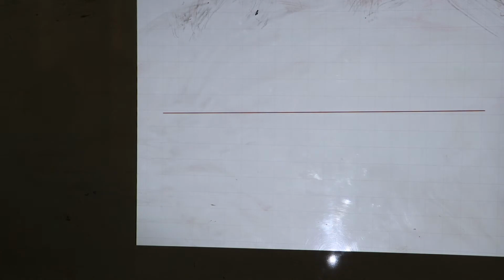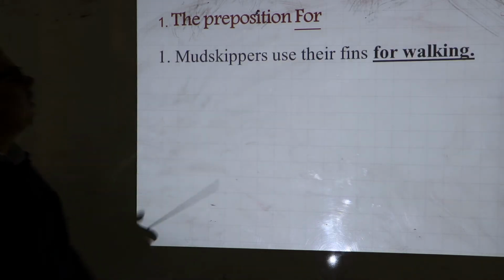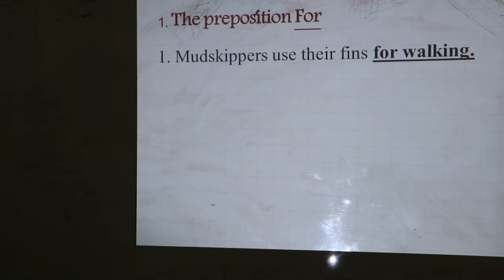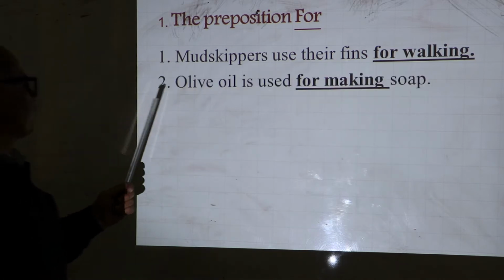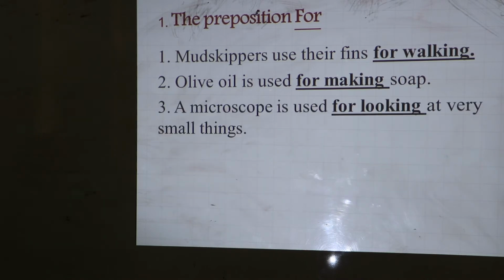First of all, let's start with the preposition for. Look at the first sentence. Mud skippers use their fins for walking. Look at the second sentence. Olive oil is used for making soap. Number 3, a microscope is used for looking at very small things.